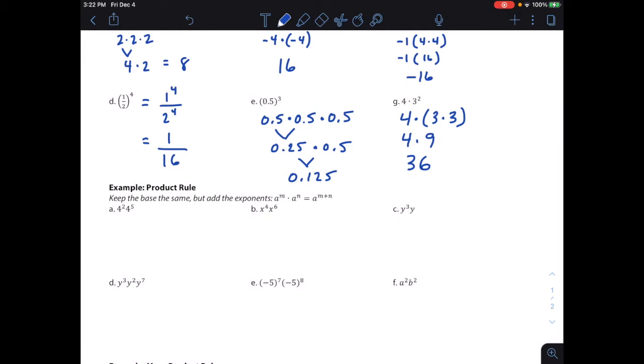So anytime we see that, we are going to keep the base the same, but then we're going to add the exponents. Okay, and you can see in the little description there, we use variables, the letters M and N. Sometimes that's kind of confusing because it's a bunch of letters, but all we're doing is we have a to the m power and a to the n power, and we're simply adding those two exponents together and keeping the a the same.